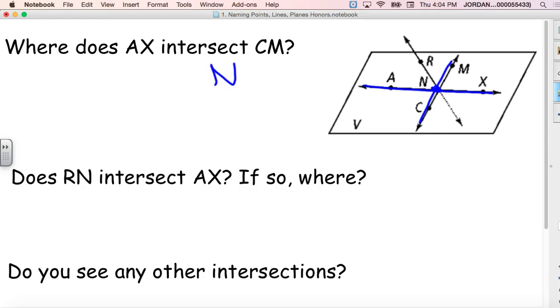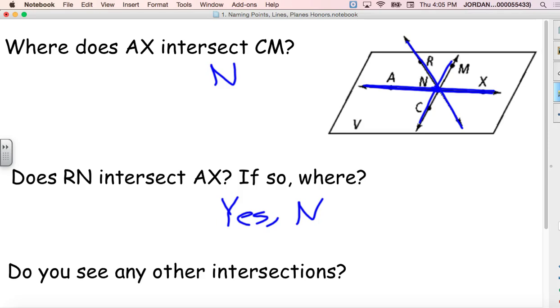Does RN intersect AX? Well, right here's RN. Right here's AX. Do those intersect? Yes. And it says, if so, where? Well, they intersect at the same point, point N. Okay, do you see any other intersections besides AX intersecting CM and AX intersecting RN?